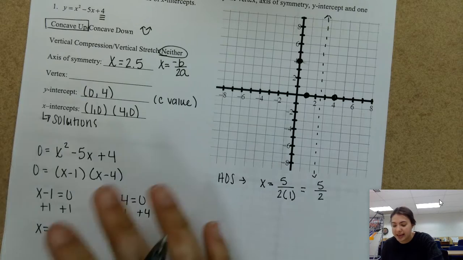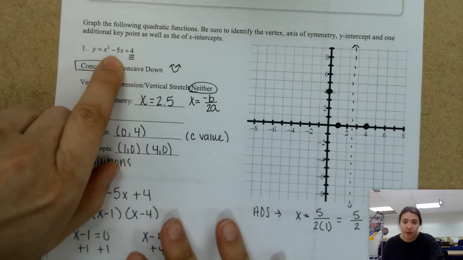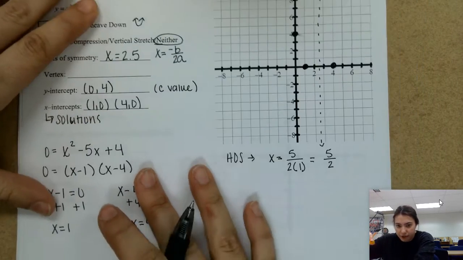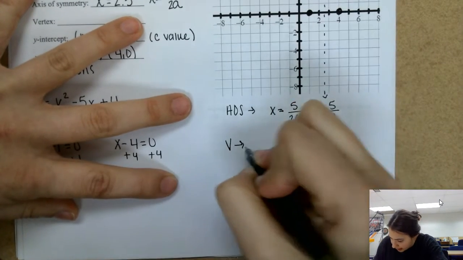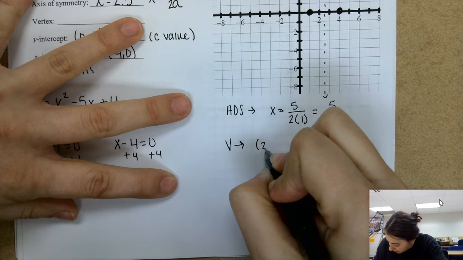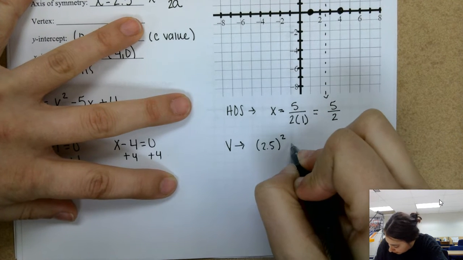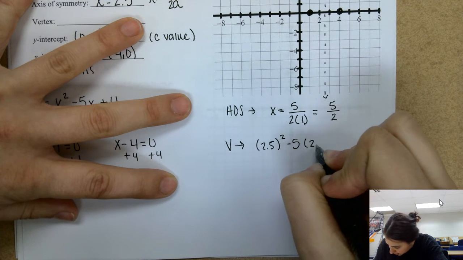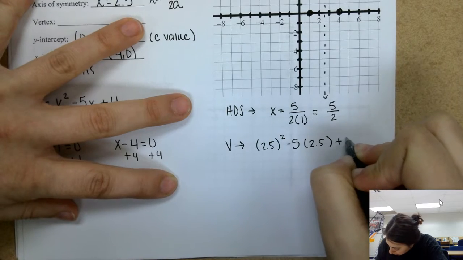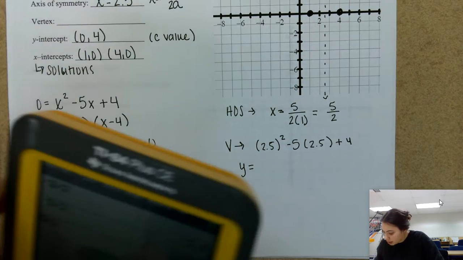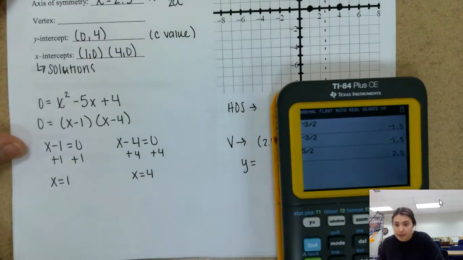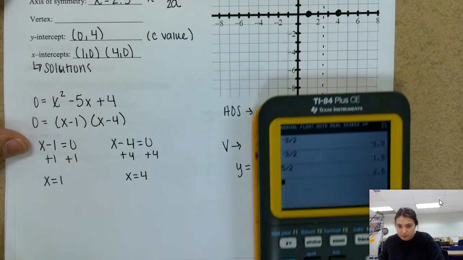So now that we have our axis of symmetry as 2.5, we can use that x value and substitute it in anytime we see x in the equation. So for our vertex, we can say 2.5 squared minus 5 times 2.5 plus 4. Our y value is equal to this, because remember, we already know what x is, so we are looking for y.